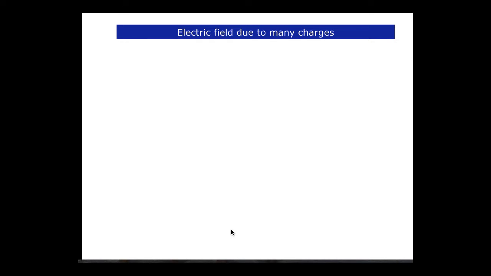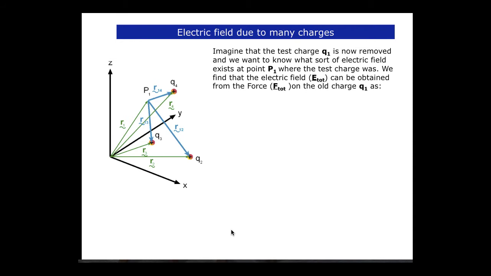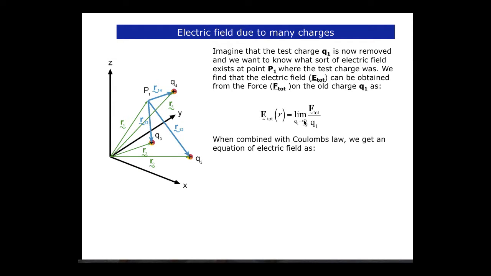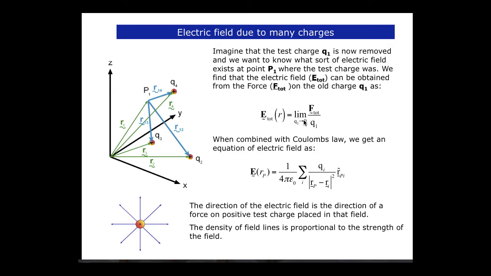Since the Coulomb force is always proportional to the charge on which it acts, we can instead use electric field, which is defined as force per unit charge. The electric field due to many charges is also the vector sum of all fields due to individual charges.